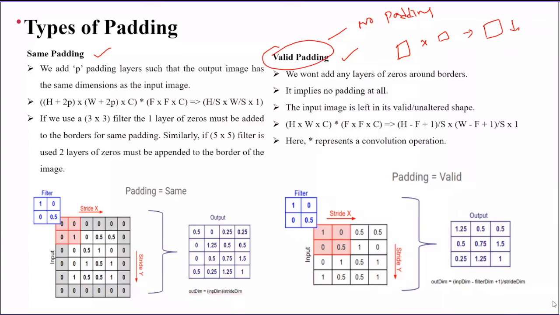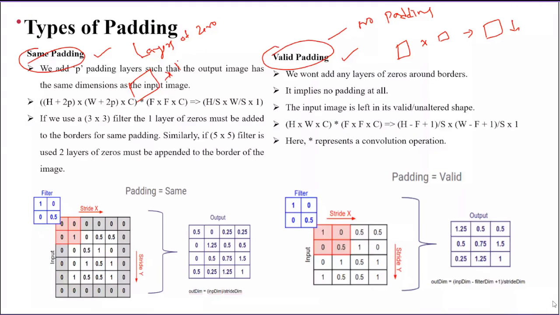Suppose if you are using same padding, then what happens? Layers of zeros will be added, and then the input size of the image will be retained.